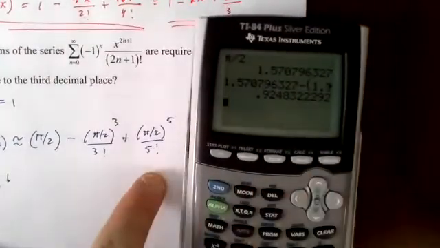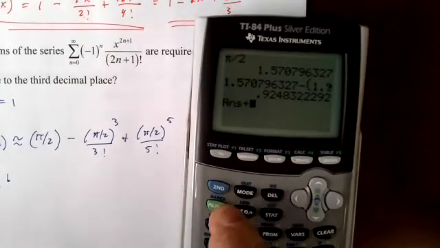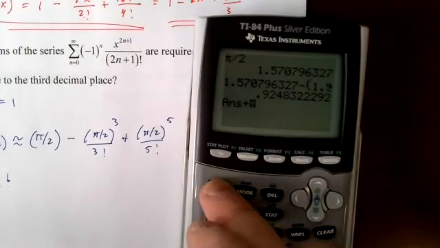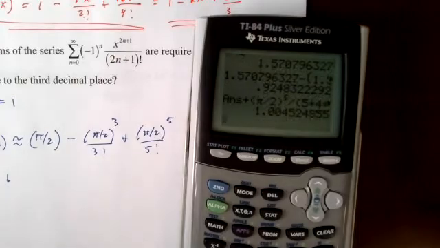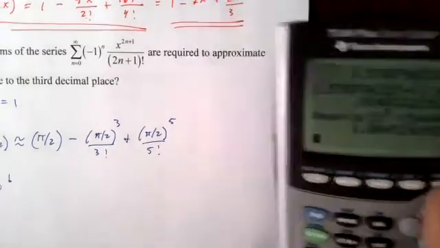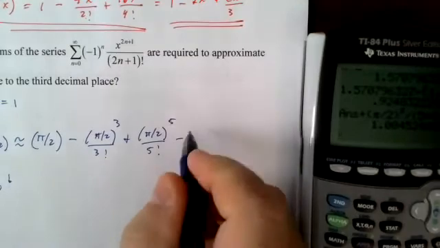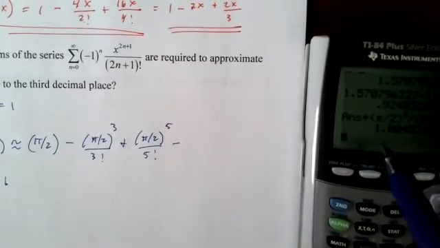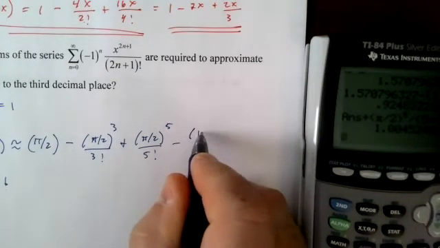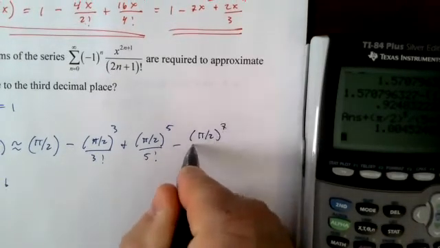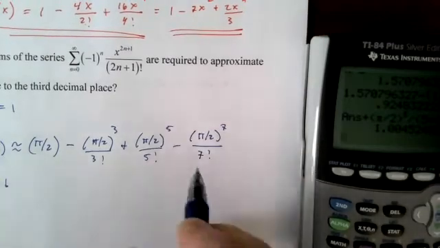Let's add in that next term, plus, parentheses, pi divided by 2 to the 5th, divided by 5 times 4 times, isn't there a factorial? Yeah, there is, but it's easier to do that. Ooh, we're getting closer. Let's add another term, minus, notice how it's oscillating below 1, above 1, below 1. The next one should get below 1 again. Pi over 2 to the 7th over 7 factorial.